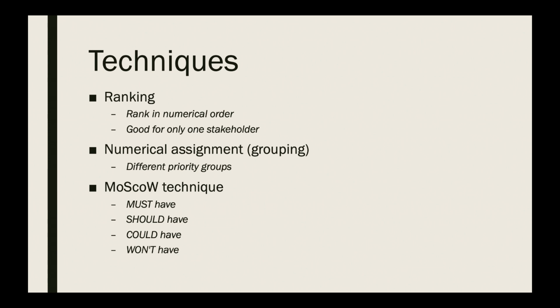Ranking is to rank all the requirements in numerical order, such as 1 for the most important one and 10 for the least important one. This technique is useful when there's only one stakeholder, as it could be hard to align different stakeholders' perspectives. Consider the example I talked about earlier, the software for the plumbing company.